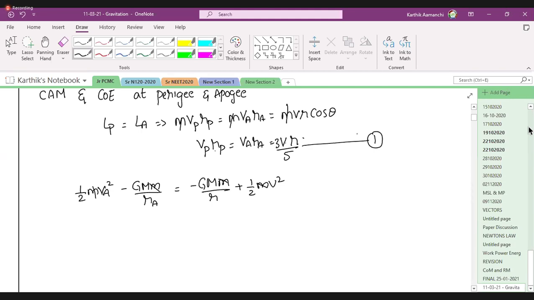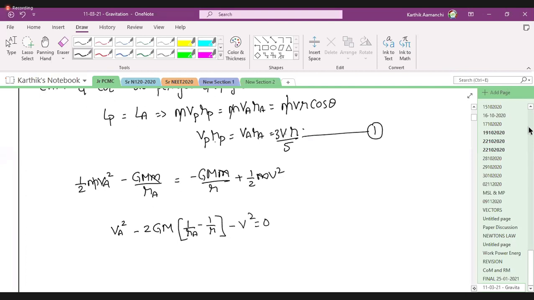So change everything into V's. Change the whole equation, change it to V naught, V and R. So I'm multiplying with 2 VA square minus 2GM into 1 by R by RA minus 1 by R is equal to V square minus V square is equal to 0, right? Yes, sir.